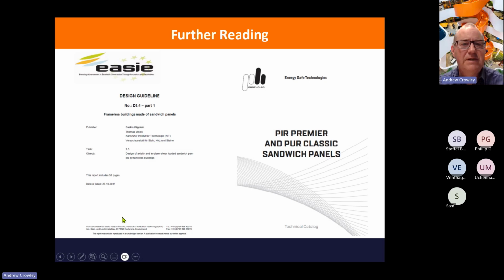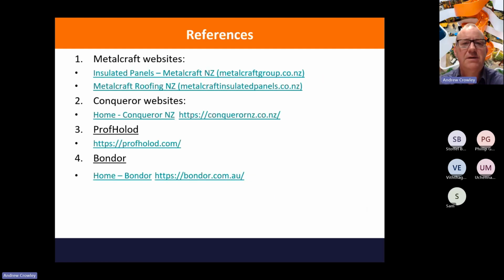There's one which is basically from Germany and another one from Russia. Those are available for download from the internet. So here are the URLs to go to those websites as well. And of course, the Metalcraft website itself has many, many details you can download and use in your projects.